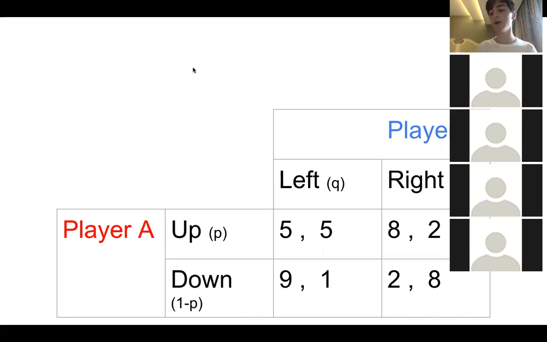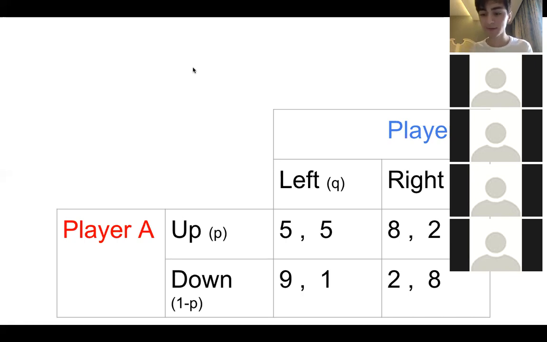So they go left with probability Q, so that's 5Q. And if they were to go right, they would get 8 payoff, and they go right with probability 1 minus Q. So that's 8 times 1 minus Q. Similarly, if player A were to go down, player B would choose left with probability Q, netting payoff 9, so 9Q. And player B would go right, 1 minus Q probability.